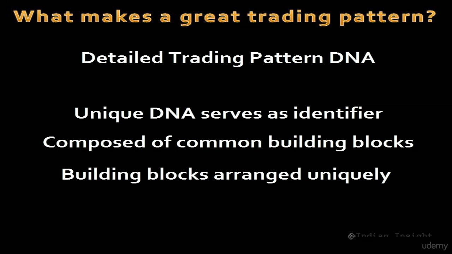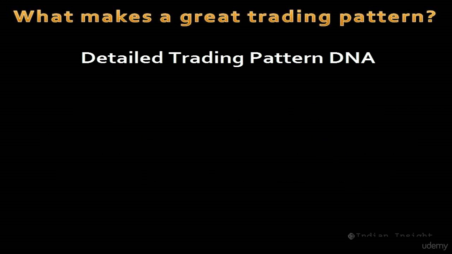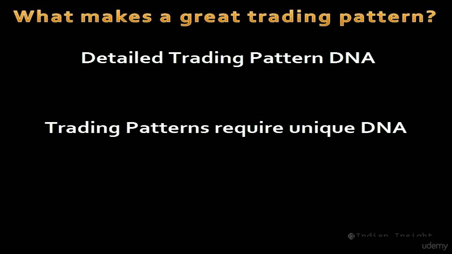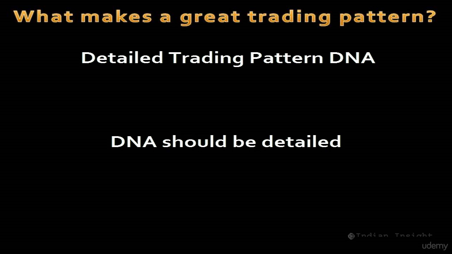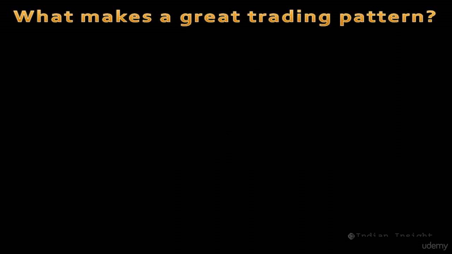Hence, this DNA can be used to identify an individual and distinguish him from another individual. Similarly, for a trading pattern to be of any use, it has to have a unique DNA. Not only that, the DNA system should be detailed enough to ensure that you can clearly identify the pattern and be confident that a particular trade setup is in play.